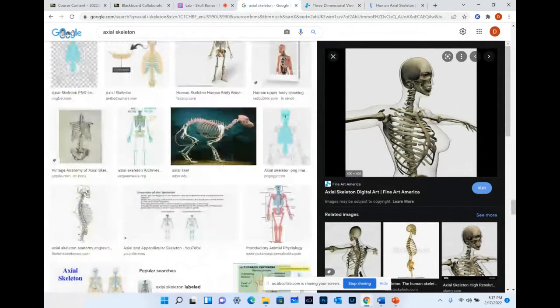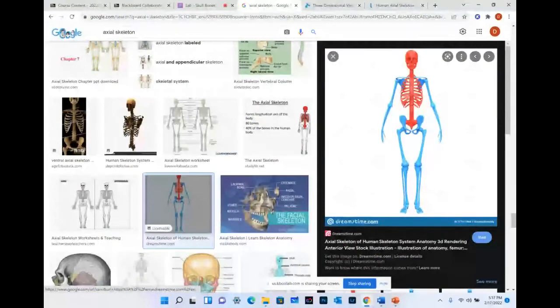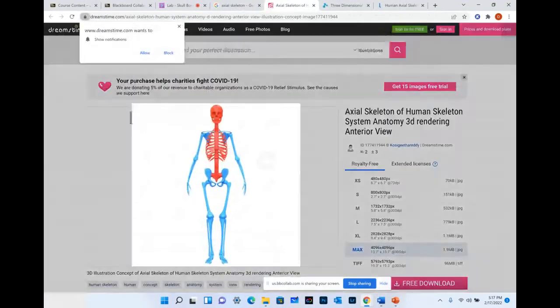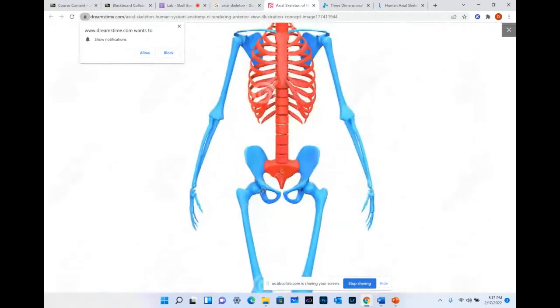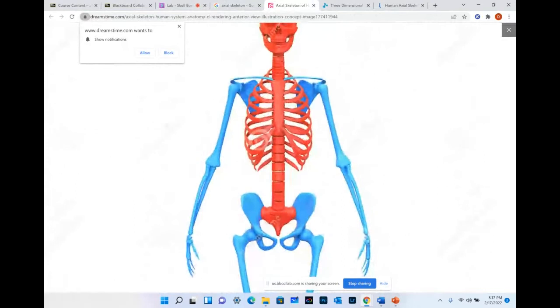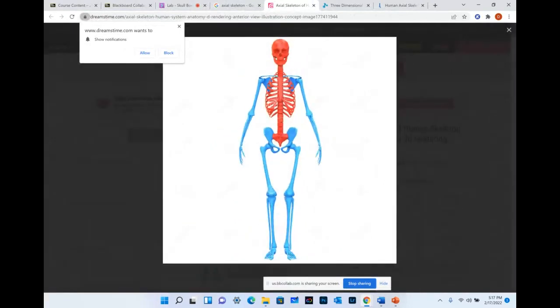Okay, so looking back again, all the red is your axial skeleton and all the blue is your appendicular skeleton. So you can see the red is your axial skeleton and the blue that you are looking at is your appendicular skeleton.